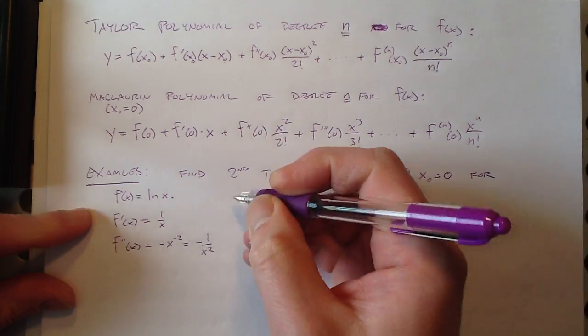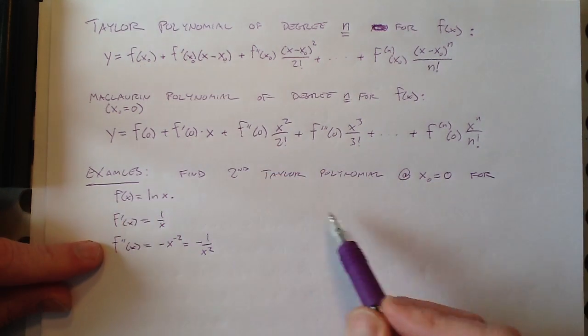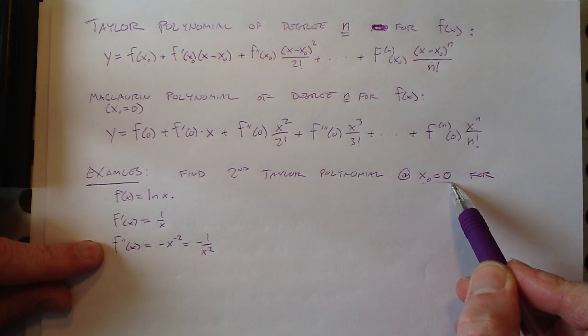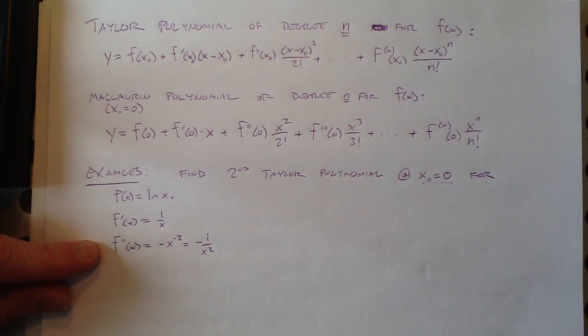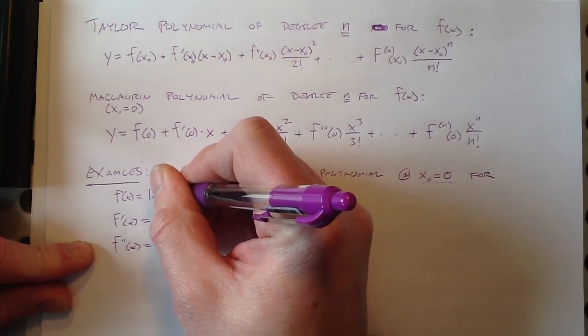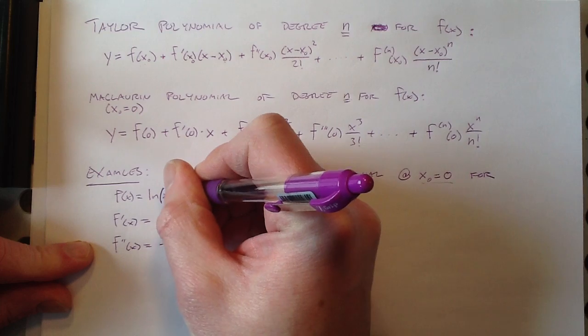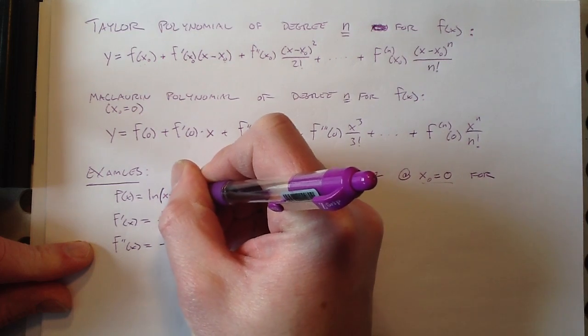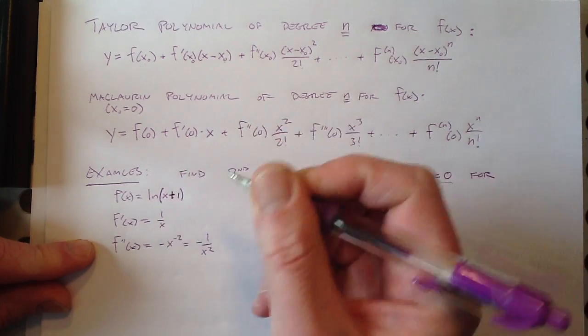Right? And now we're going to need the values for these evaluated at 0. Right? So, oh dear. Here, I'm going to fix this. I made a little mistake here. I gave you one. Of course, the natural log function is not defined at 0, so that's silly.